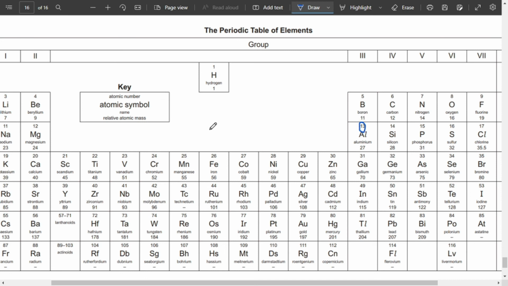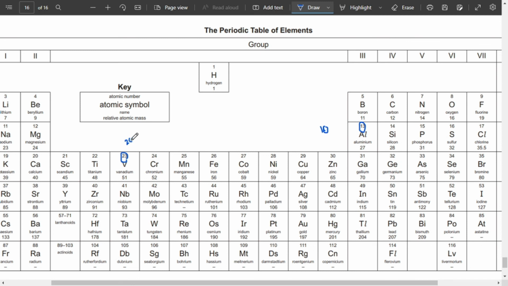So it's not going to be this, because if we subtract 3 for a charge of 3 plus, it's going to be 10, not 20, so it cannot be the right answer. But vanadium has 23 electrons, and if we have this 3 plus charge on it, that means it loses 3 electrons, so 20 electrons are left.